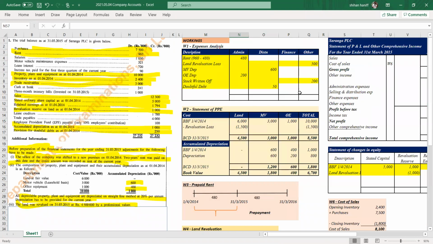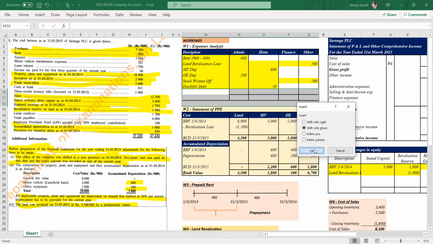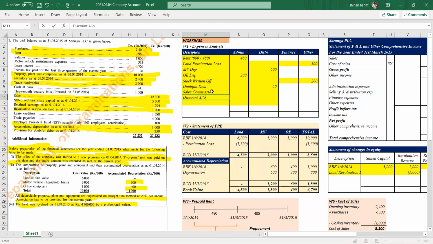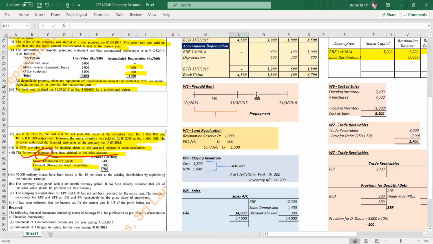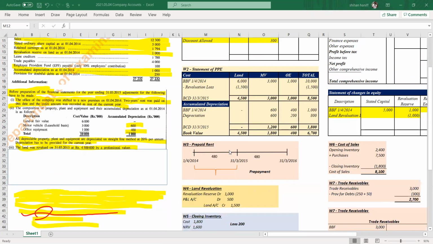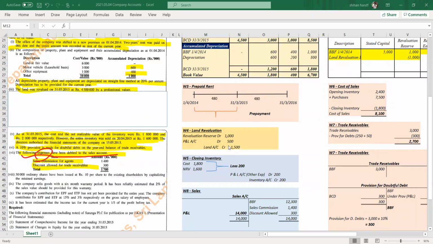Here, under expenses, sales commission and discount allowed: 1,400 and 300. Right. So we did adjustment 7.